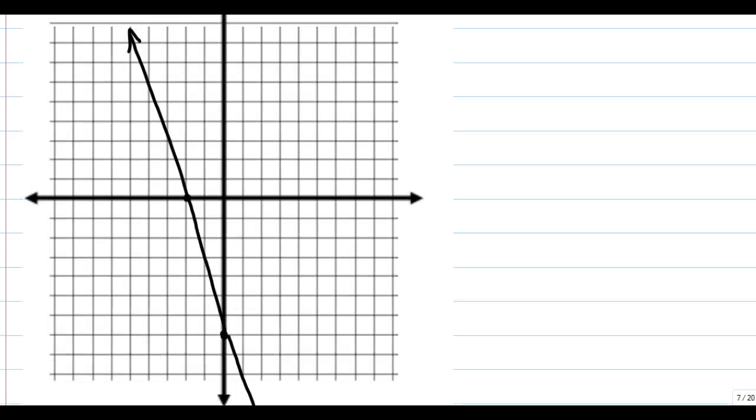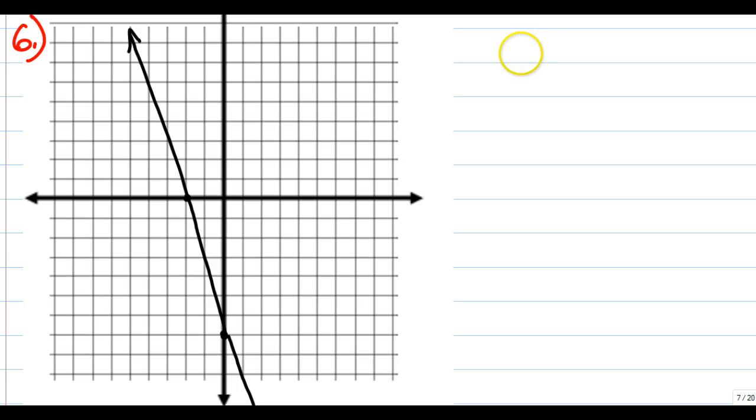In question number 6, we're asked to write the equation of the line in slope-intercept form. So we're given a graph that looks like the one shown here on the screen, and we're asked to write the equation for this line.